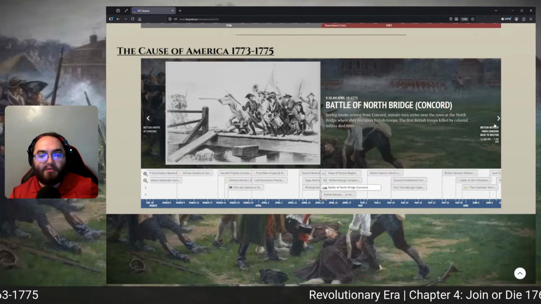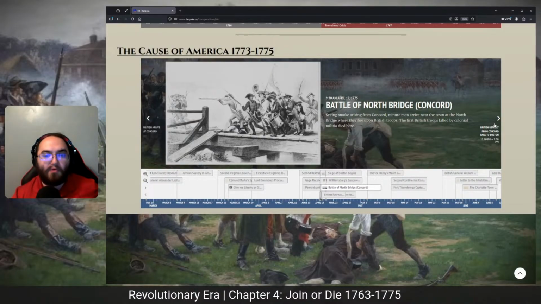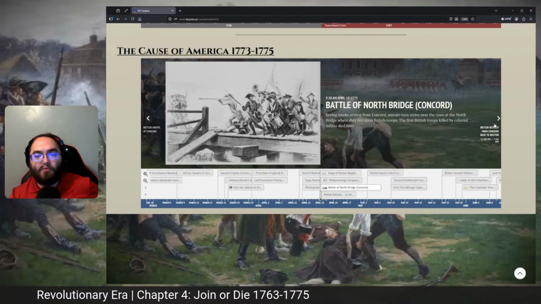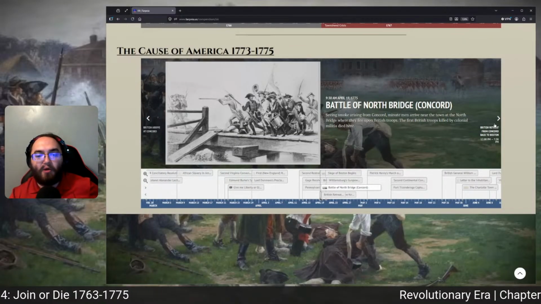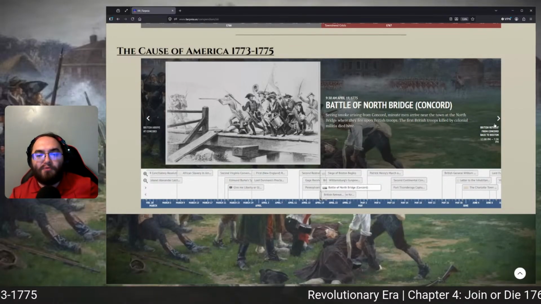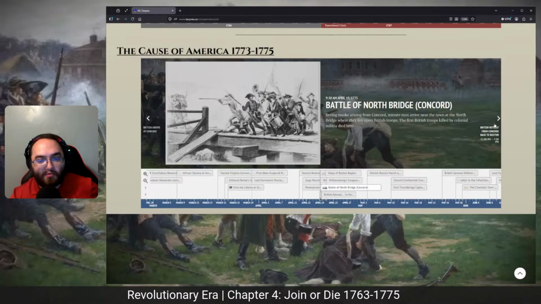At 9:30, the Battle of North Bridge, which is the Battle of Concord. Seeing smoke rising from Concord, Minutemen arrive near the town at the North Bridge, where they fire upon British troops. The first British troops killed by colonial militia died here at Concord. So this is a battle.